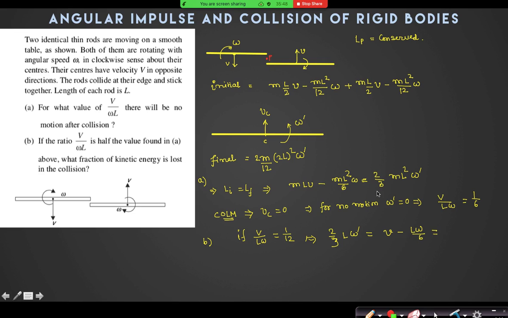So V is equal to L omega by 12 minus L omega by 6. Is it minus L omega by 12? So omega prime will be equal to minus omega by 8. Yes or no? It will start rotating in the opposite direction.